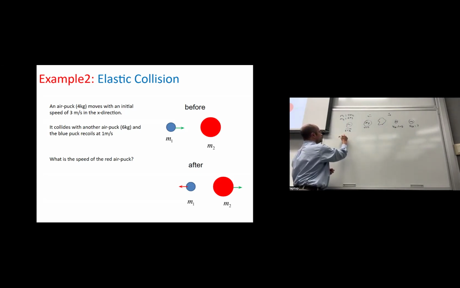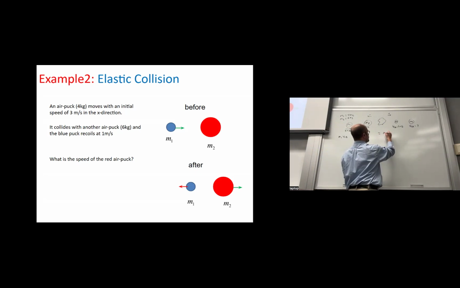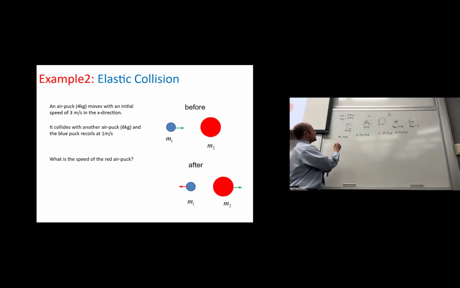So I have M1 V1 before plus M2 V2 before equals M1 V1 after plus M2 V2 after. So we write in our equation just like we did last time. Then we can plug in our numbers.